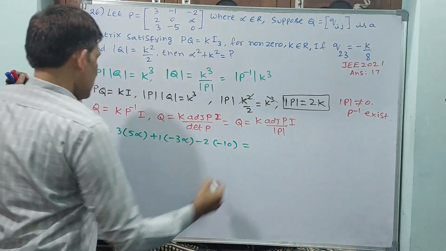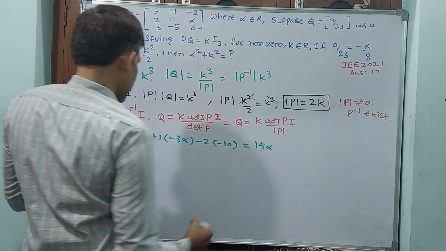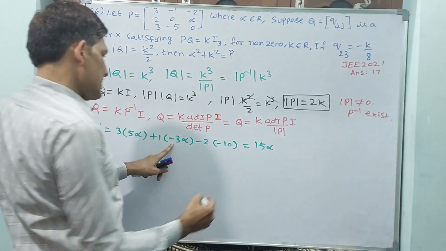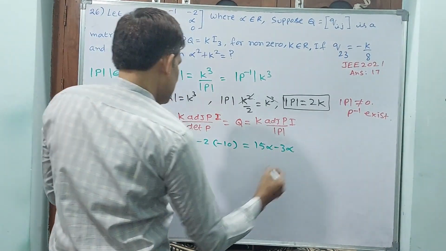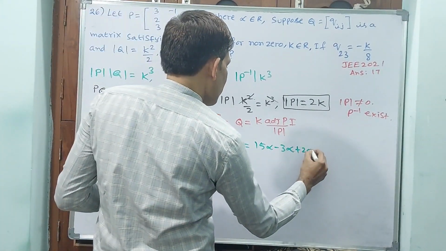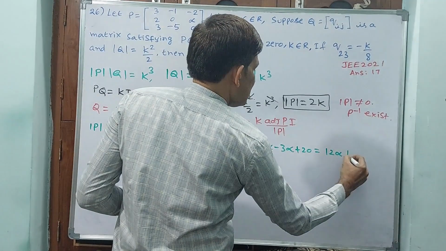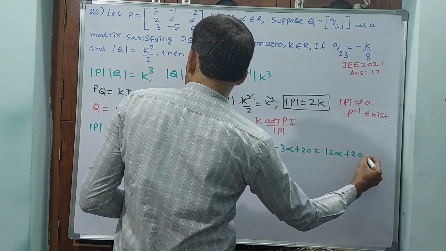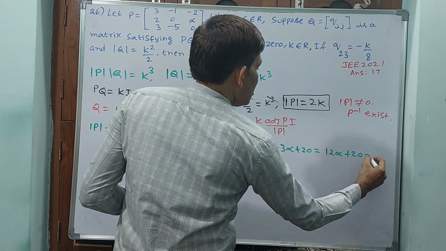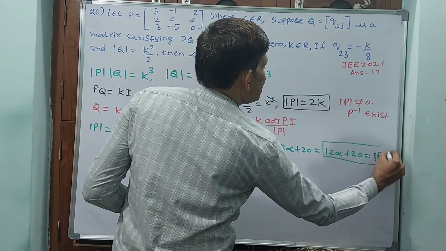This gives 15 alpha minus 3 alpha minus into minus plus 20. This gives 15 minus 3, 12 alpha plus 20. This is equal to determinant P. This also you box it.